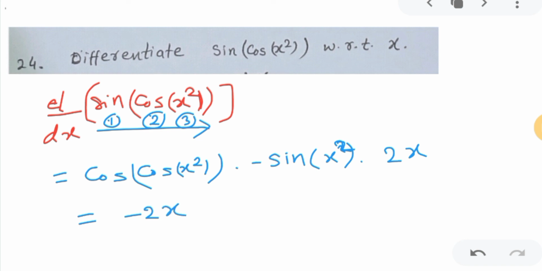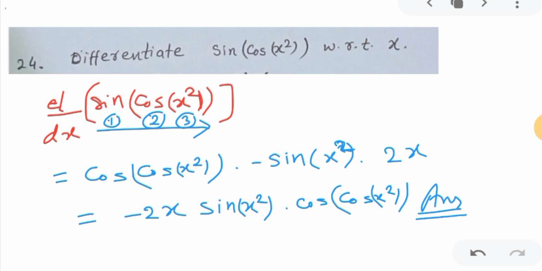Then the next simpler function is sin x square, so I will write sin x square, and then cos of cos x square. So this will be our answer using the chain rule, correct?